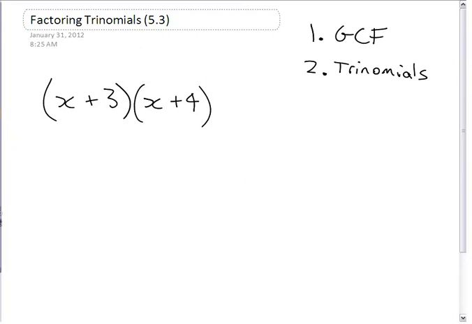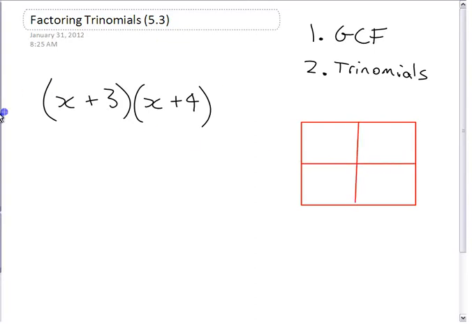When you're using an area model, remember we did an area model and you had 4 pieces. If you do x plus 4 and x plus 3, look at the pattern you get.